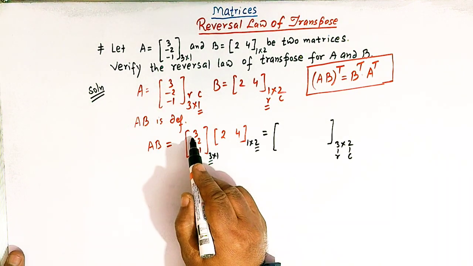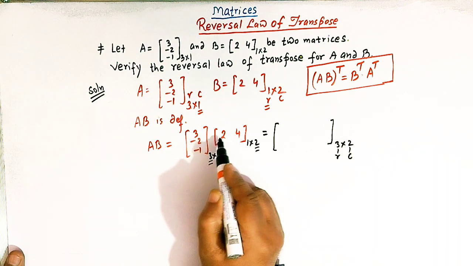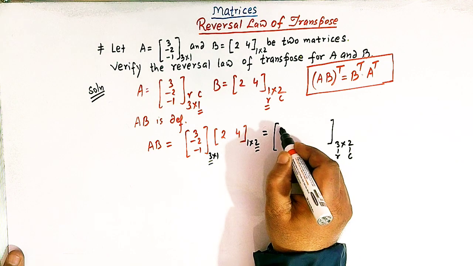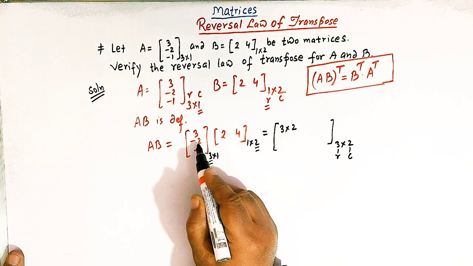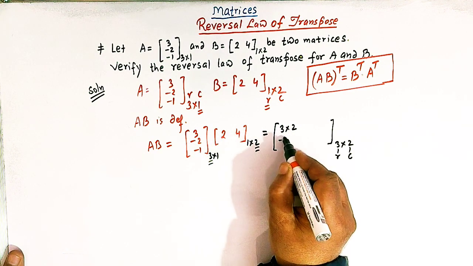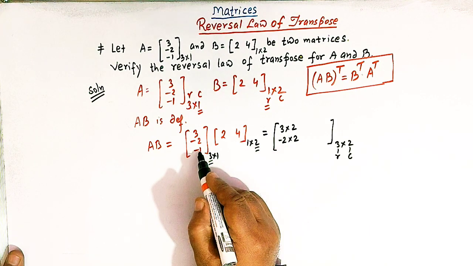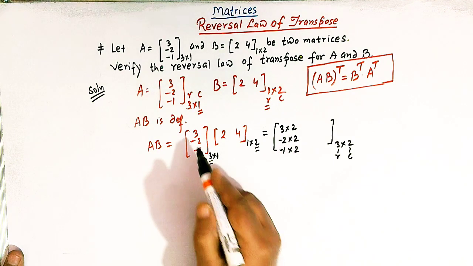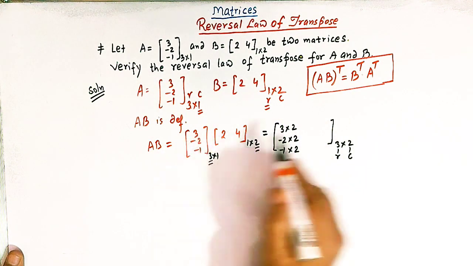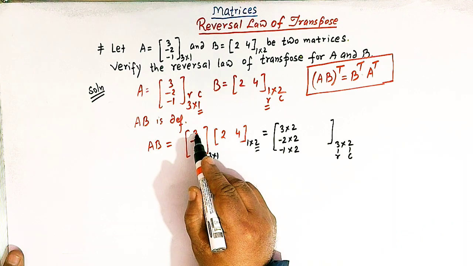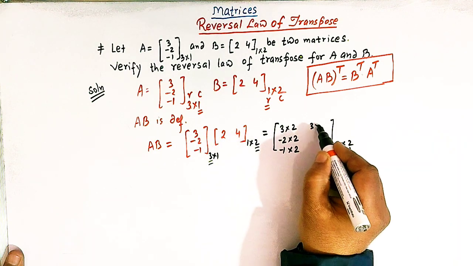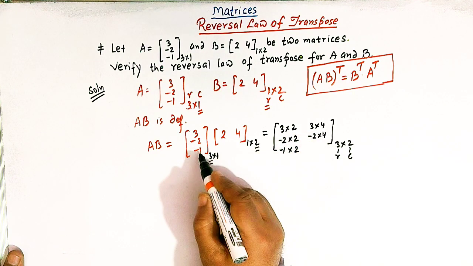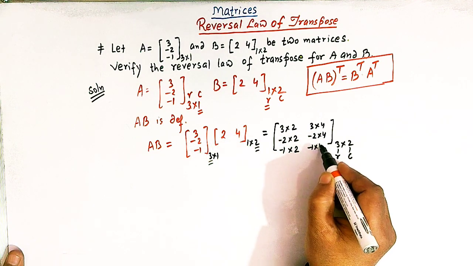So now let us find out the product of the two matrices. First we'll multiply 3 times 2, then we'll have minus 2 times 2, and then we have minus 1 times 2. And then in the second column we'll have 3 times 4, then we have minus 2 times 4, and then we have minus 1 times 4.